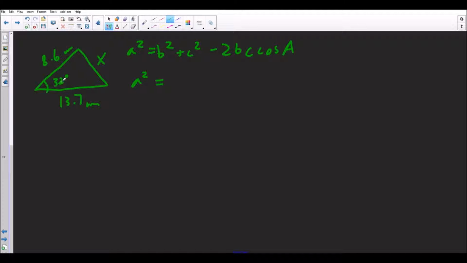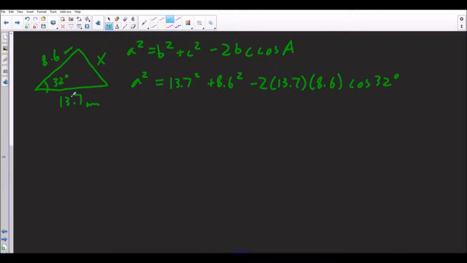It actually doesn't matter which value you put in for b and c. You just need to put one of them in for b and one of them in for c. So I'm just going to say 13.7 squared plus 8.6 squared minus 2 times 13.7 times 8.6 cos of 32 degrees. And that's all we need to do.